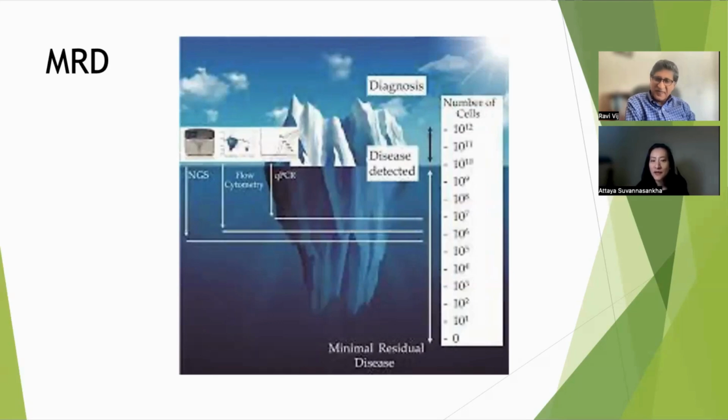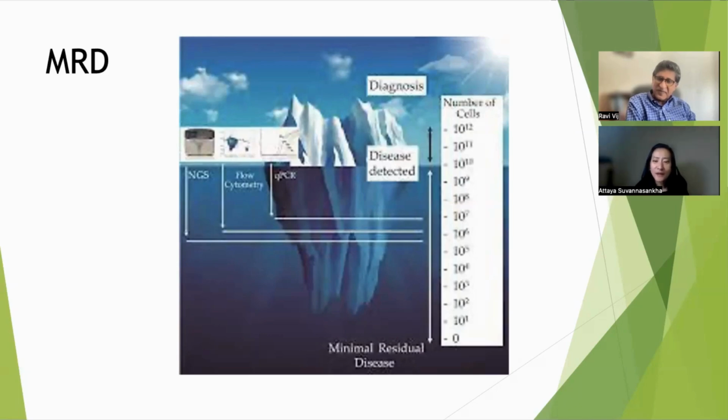Ultimately, the sensitivity cutoff should be 10 to the minus 5 to 10 to the minus 6. Anything less than that is probably a subpar MRD flow. But clonoSEQ is already standardized. It is 10 to the minus 5.